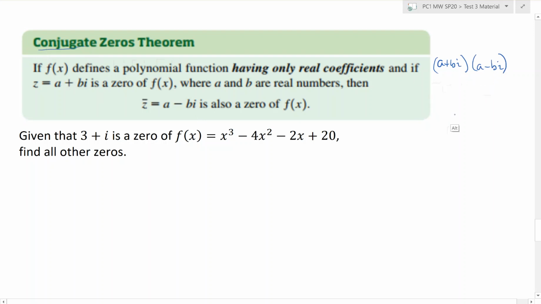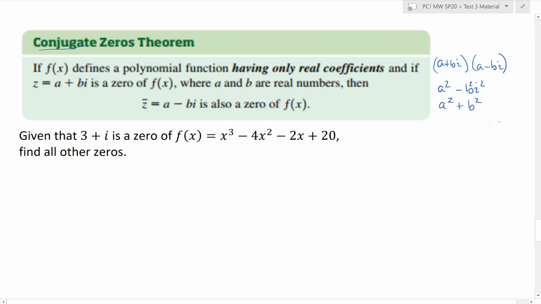I'm multiplying conjugate pairs, and when those multiply, I get a squared minus b squared i squared, but the i squared is -1, so we get a squared plus b squared.